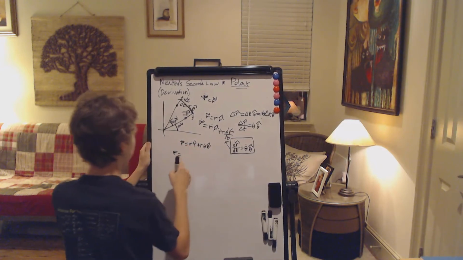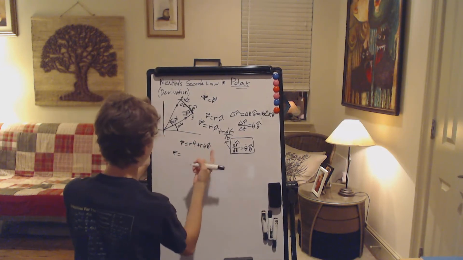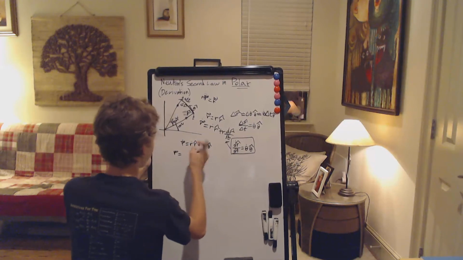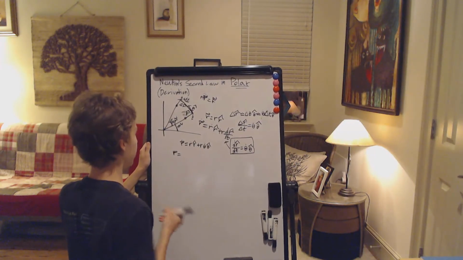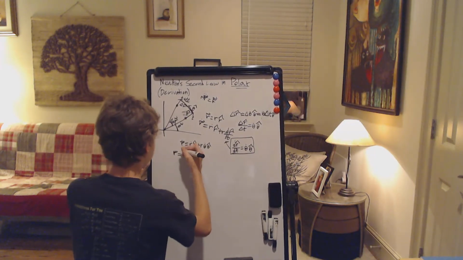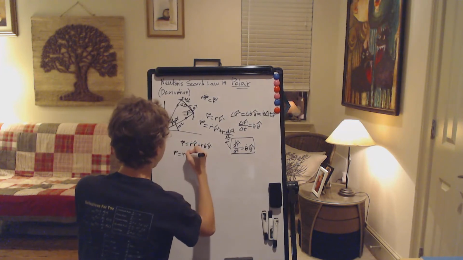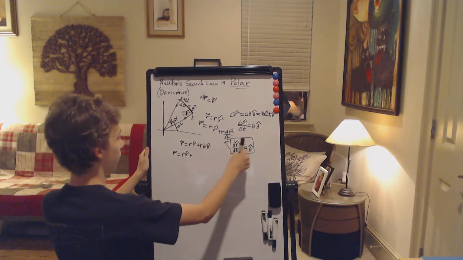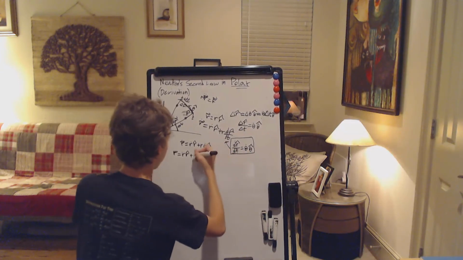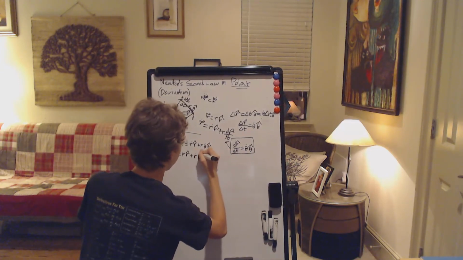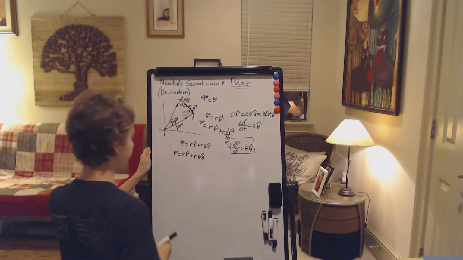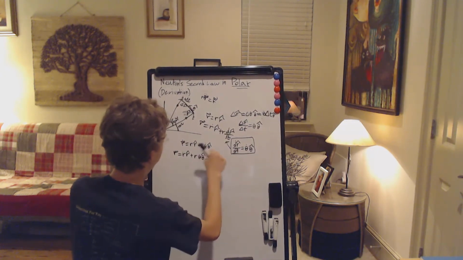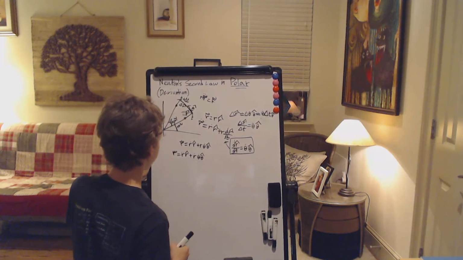That'll give us vector r double dot, and again we need to use chain rule lots of times. That'll give us r double dot r hat plus, directly plugging in what we got from here, r dot theta hat. And then here we'll have to use product rule 3 times.